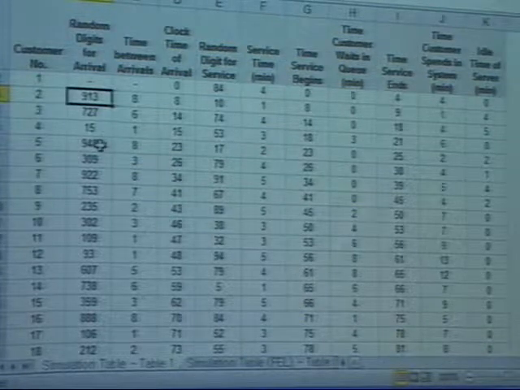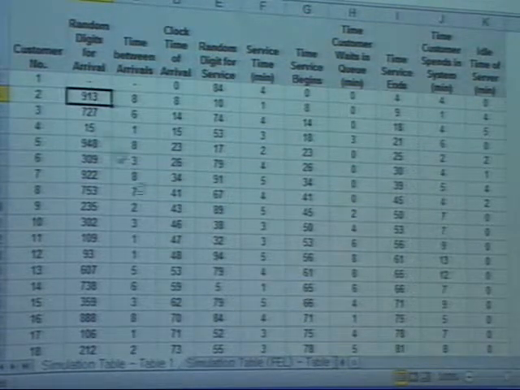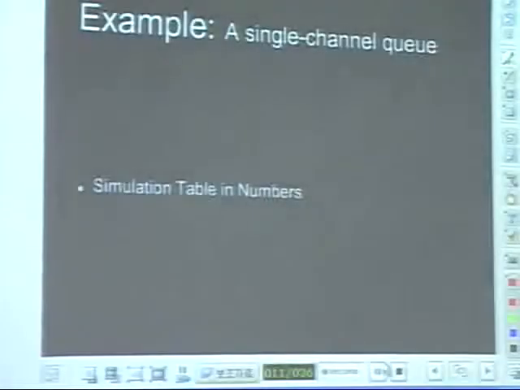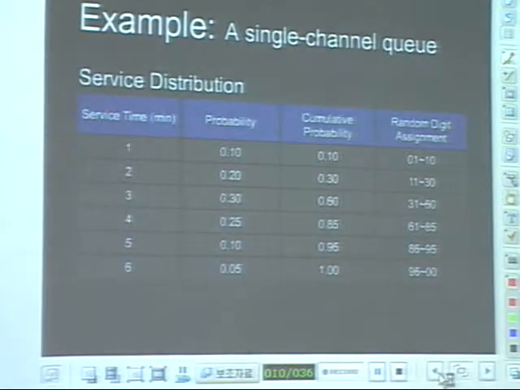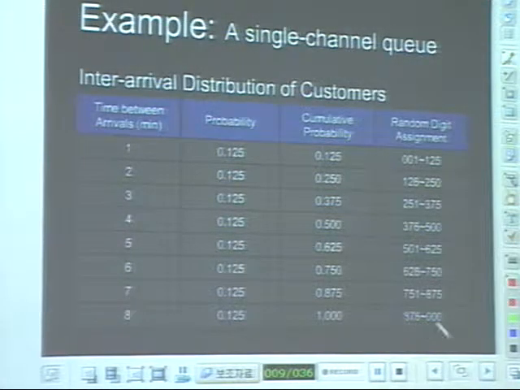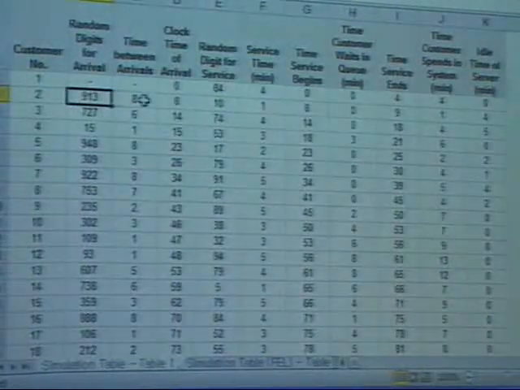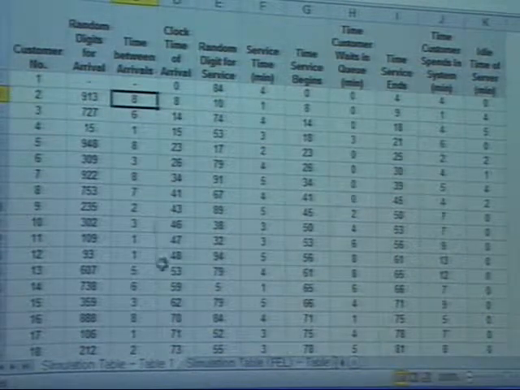If it is 913, then it falls into this range, so the inter-arrival time will be 8, right? So the time between arrivals is 8.